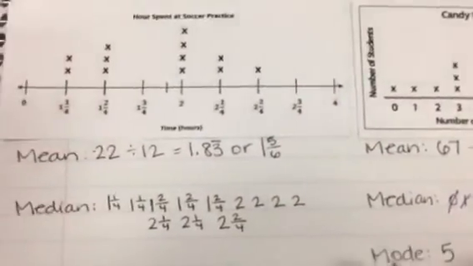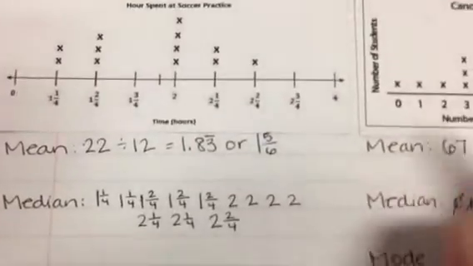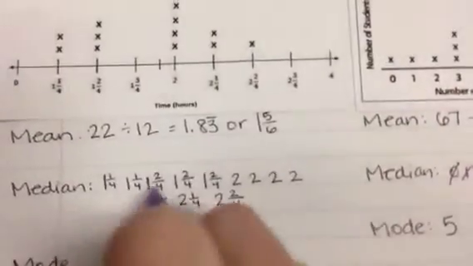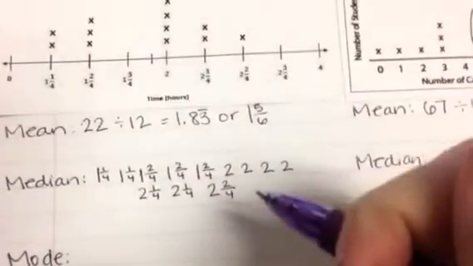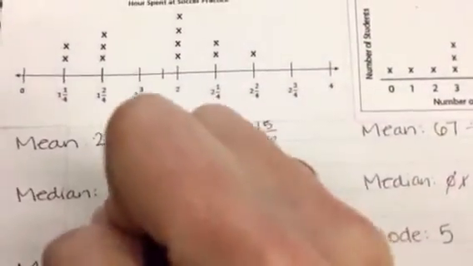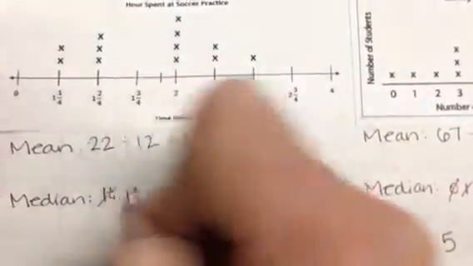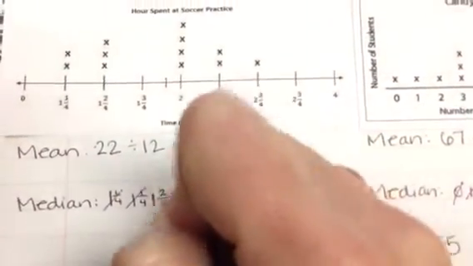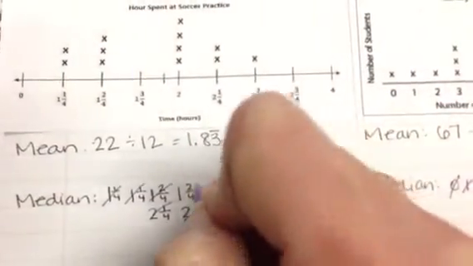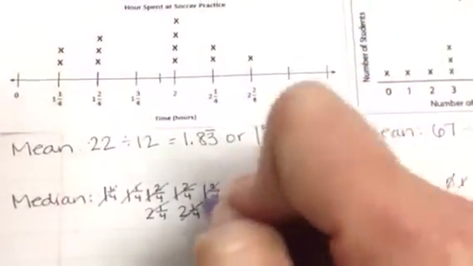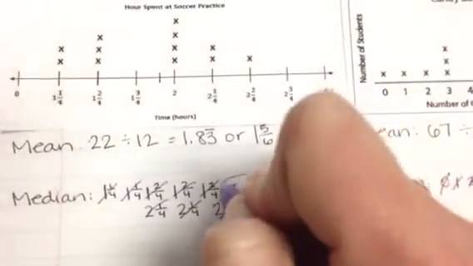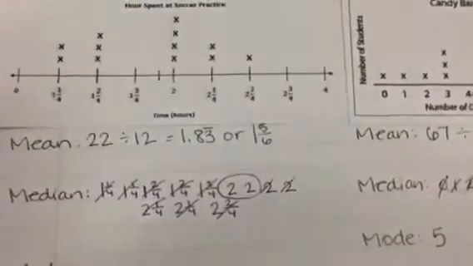The next thing that we're going to work on is median, which is the middle of our data set. So I've put mine in order, and I just wrote them in fraction form. And we're just going to eliminate smallest and largest, smallest and largest, smallest and largest, and keep going. And now we have 2 data values in the middle.